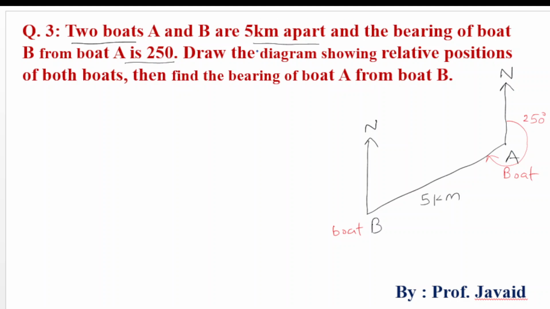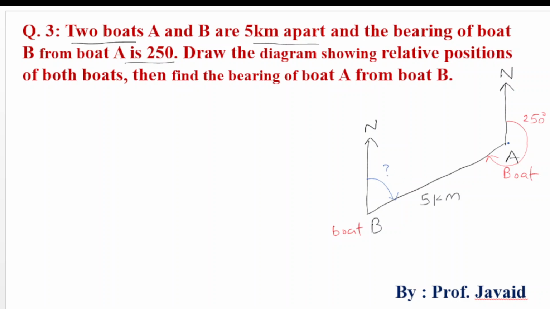Now what we have to show? Find the bearing of A from B. So we have to find the bearing of A from B like this. So this angle we have to find.